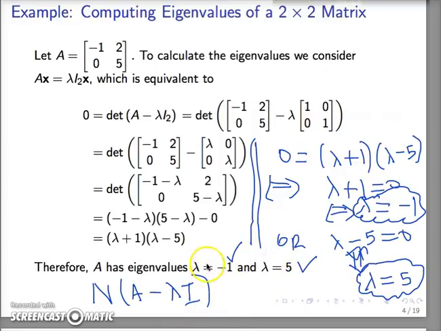So now that we made use of this scalar equation to find values of lambda, we could do something else. We could find eigenvectors, but let me pause here for just a second.